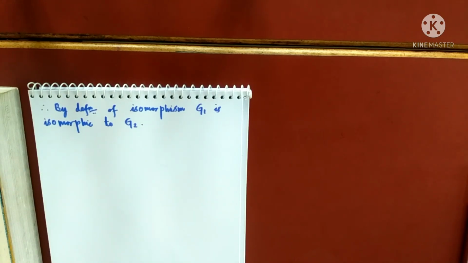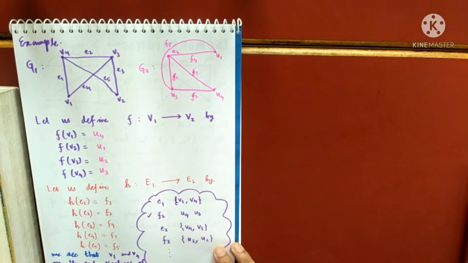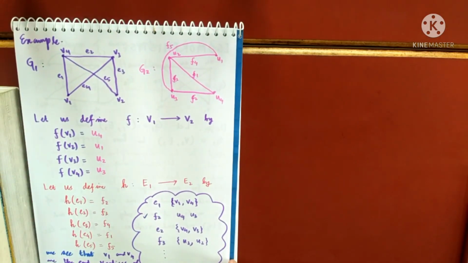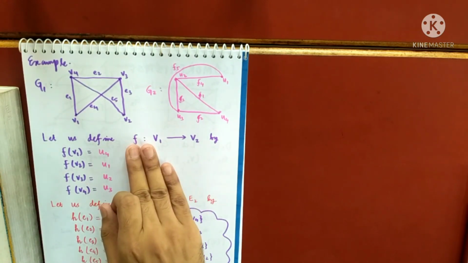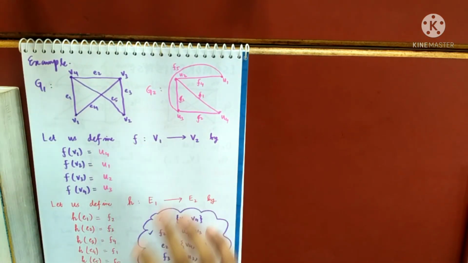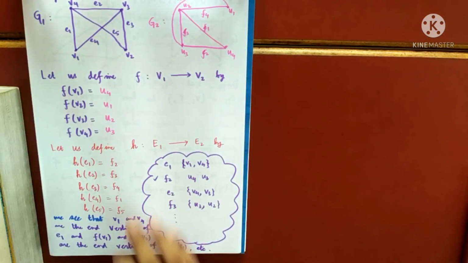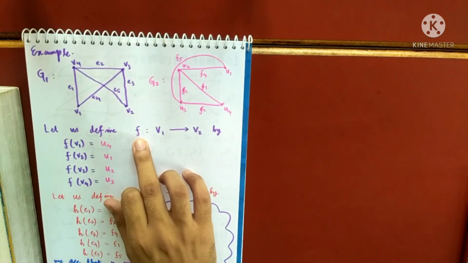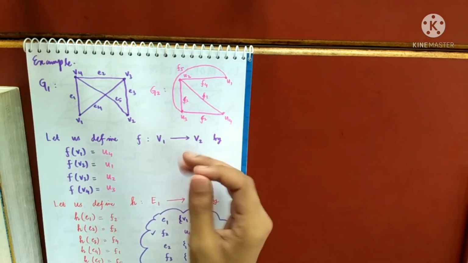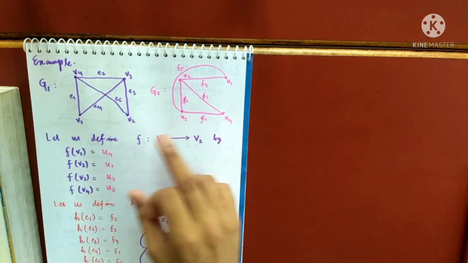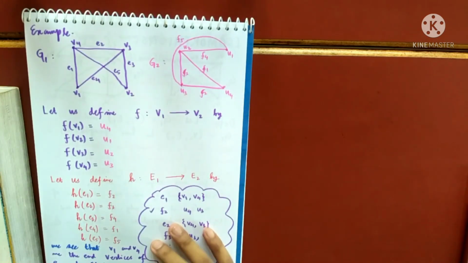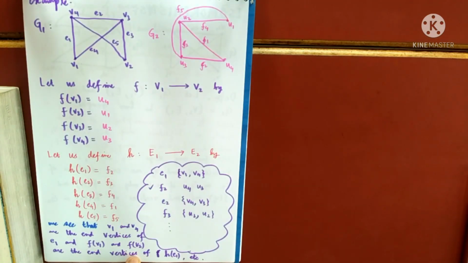Why? Yes. Very good. If G1 is isomorphic to G2, I can find two maps from V1 to V2 which is bijective, E1 to E2 which is bijective and satisfying this condition. Because they are bijective, I can find the inverse. So I can find f inverse from V2 to V1 satisfying this, h inverse from E2 to E1 satisfying this, and this as well.